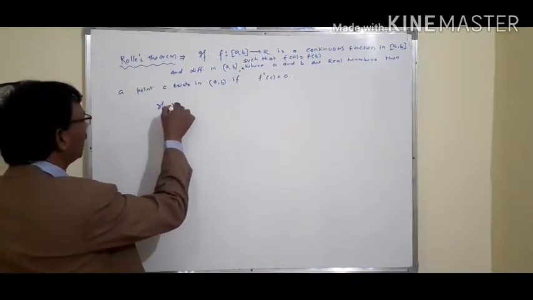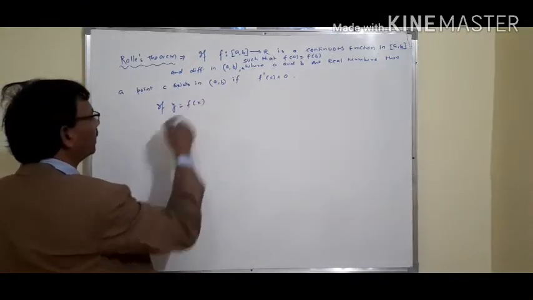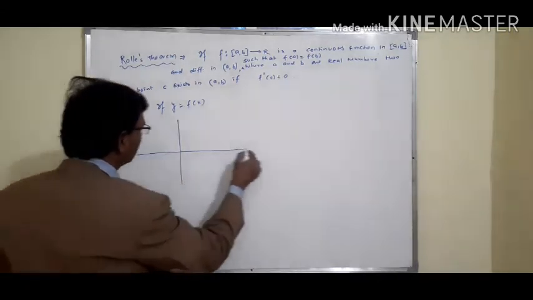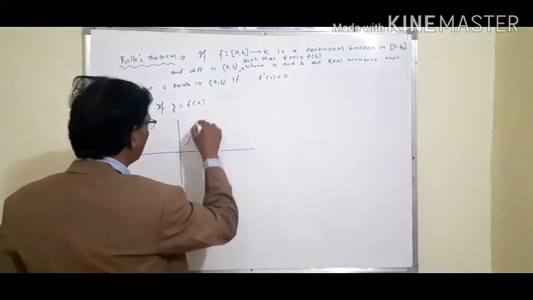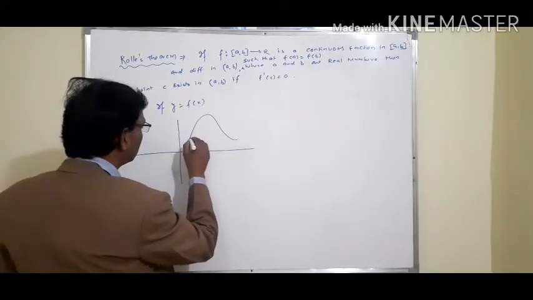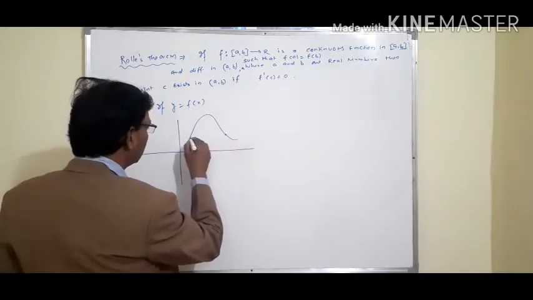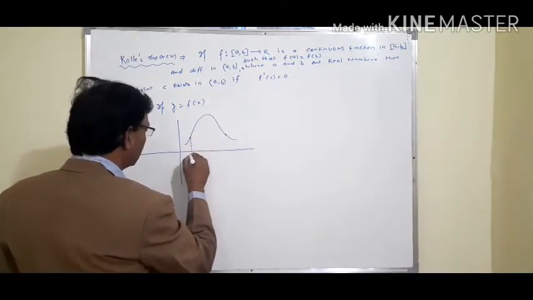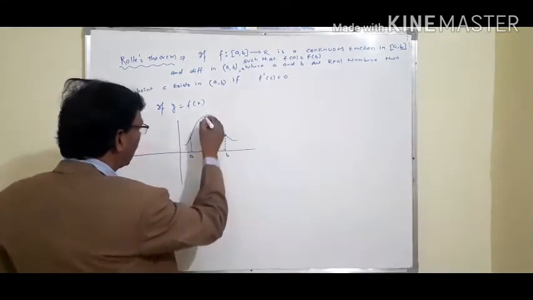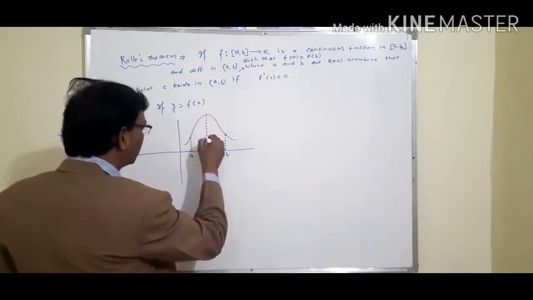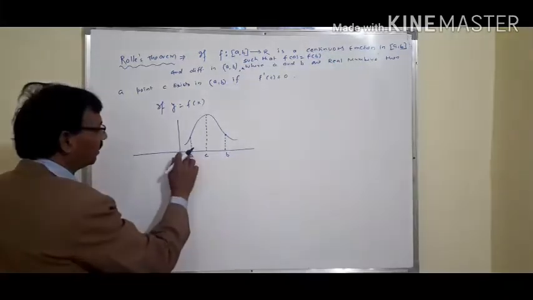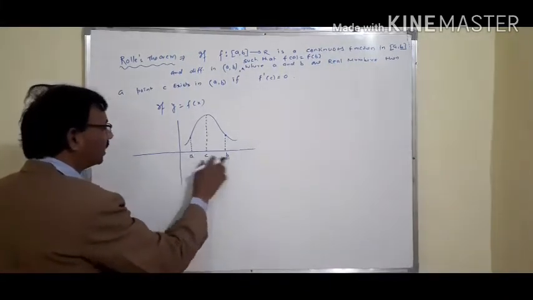Now, if y equal to f of x is a function and we draw the graph of this, suppose this function is like this. This is the a and this is the b, and this is the critical point C which lies between a and b but not including a and b.